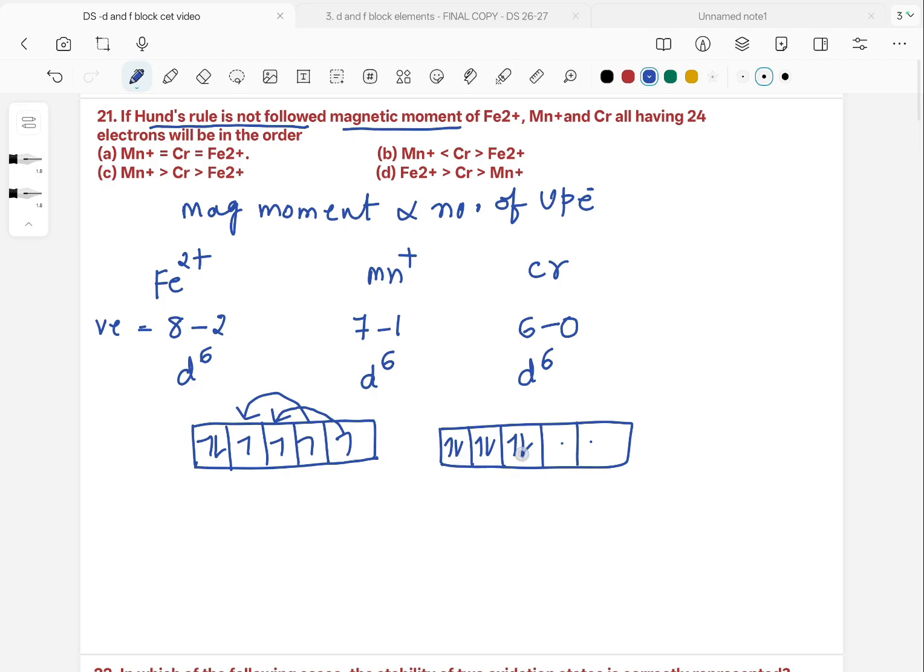As no unpaired electrons are seen here, the magnetic moment remains 0 for all these 3 ions and atom. Therefore, magnetic moment will remain equal in all these ions and atom. So, our answer will be option A.